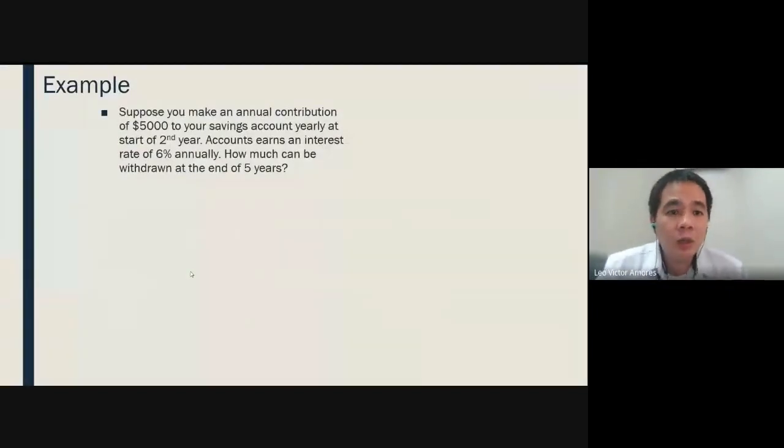Suppose you make an annual contribution of 5,000 to your savings account yearly at the start of the second year. The account earns an interest rate of 6% annually. The question would be, how much can be withdrawn at the end of 5 years?